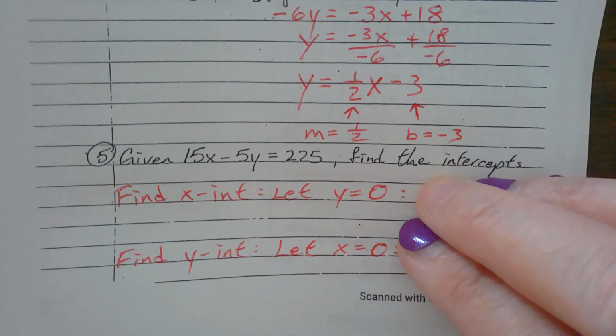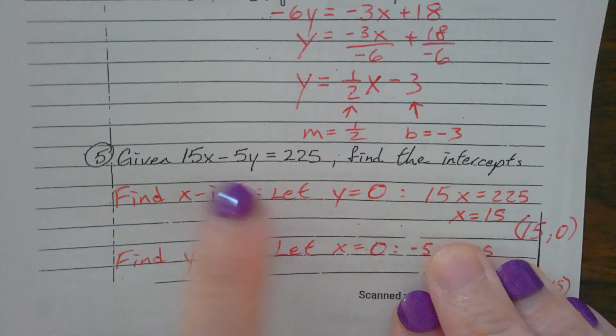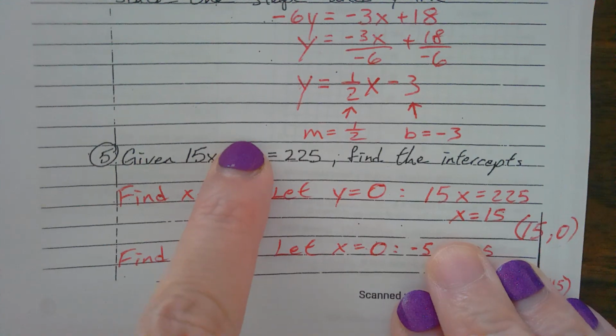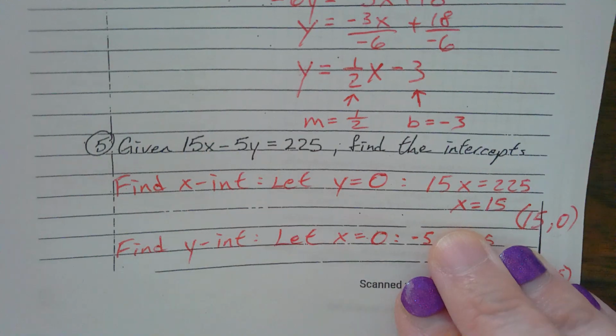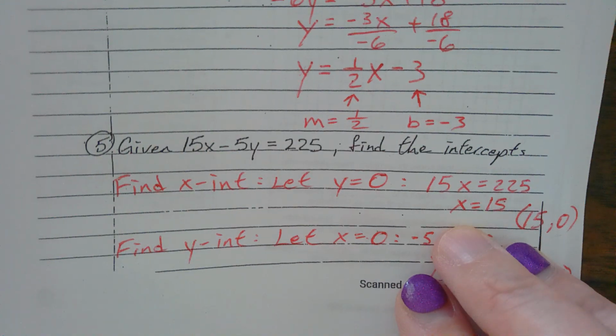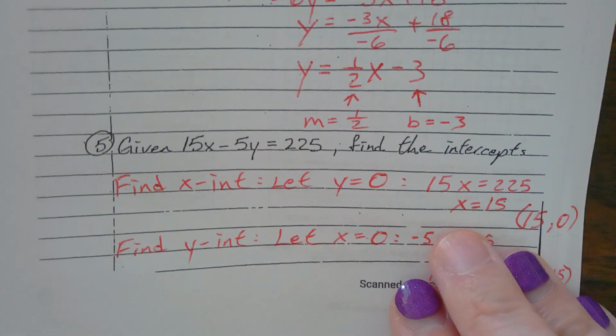So you take turns letting one of the variables be 0. Anything times 0 is gone, so you have 15x equals 225. When you divide, you get x equals 15. So your x-intercept is (15, 0).